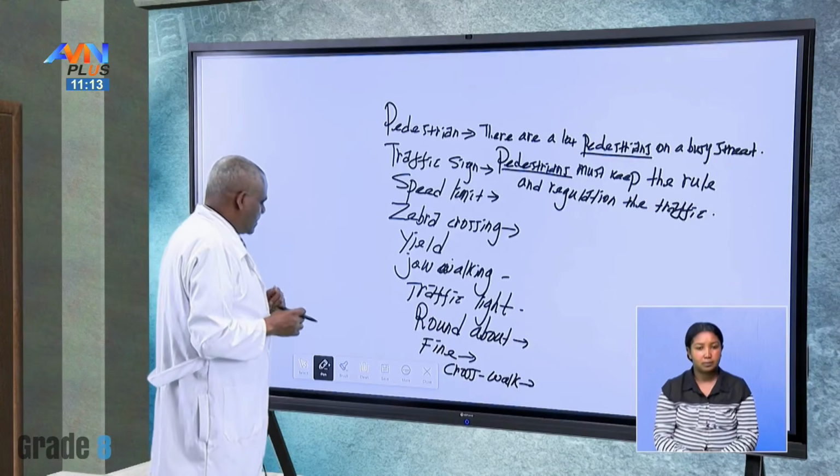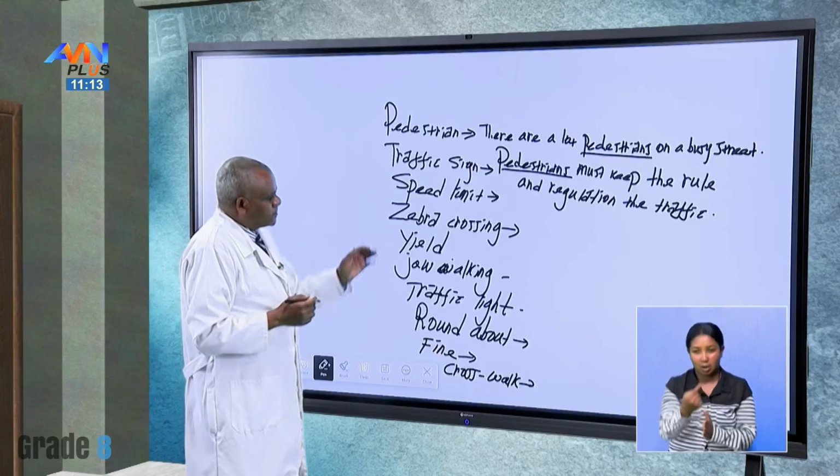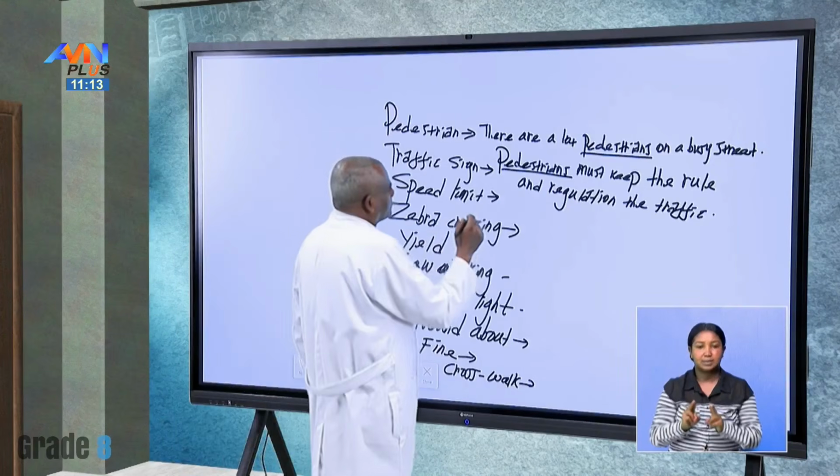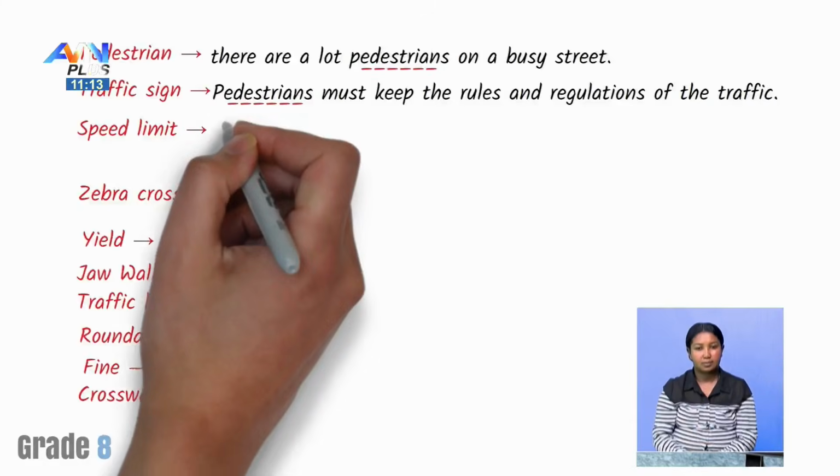And then let's go and show you another example for each. So let's go. Speed limit, traffic sign. Traffic signs.